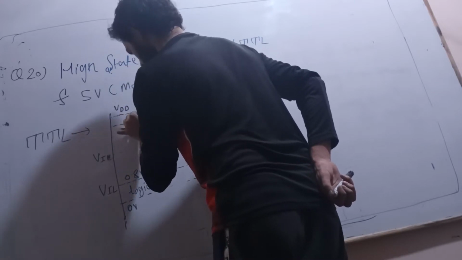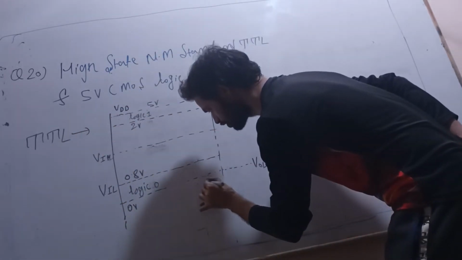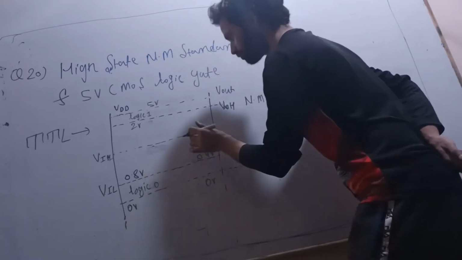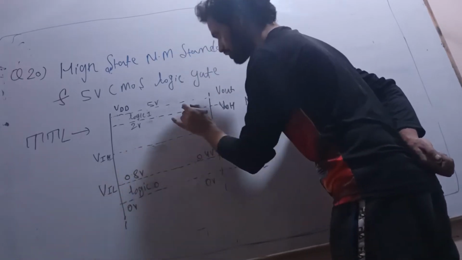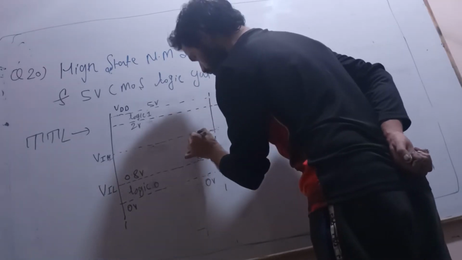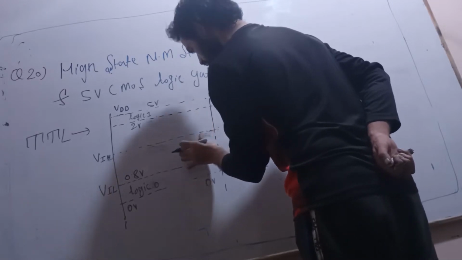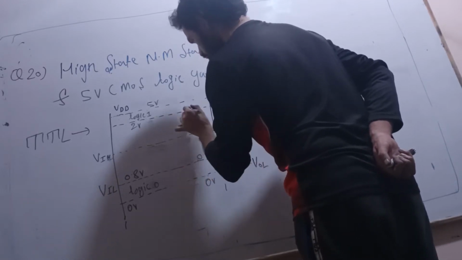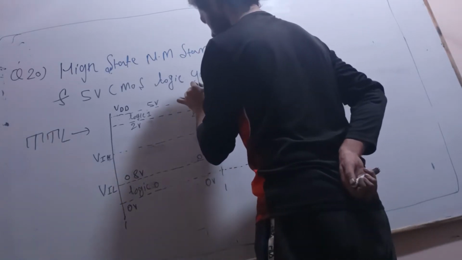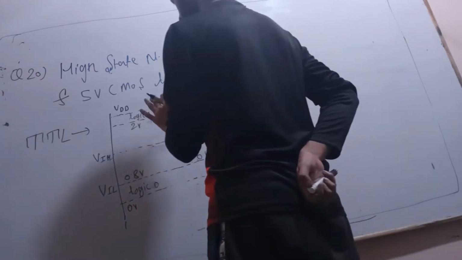At the output side, logic 0 is from 0 volt to 0.4 volt, and logic 1 is from 2.7 volt to 5 volt.